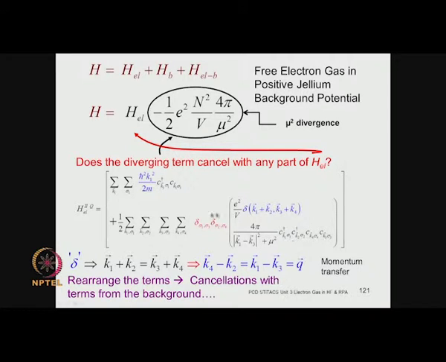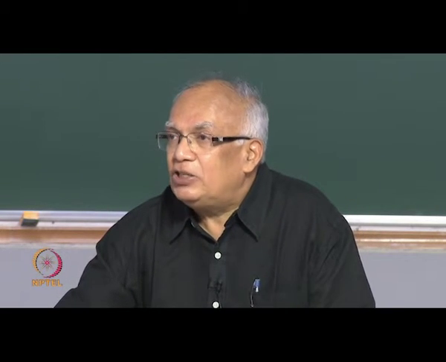So we will write the momentum transfer, which is K4 minus K2, which is the same as K1 minus K3, as Q, and then we will look at various terms for when the momentum transfer is 0 and when the momentum transfer is non-zero.